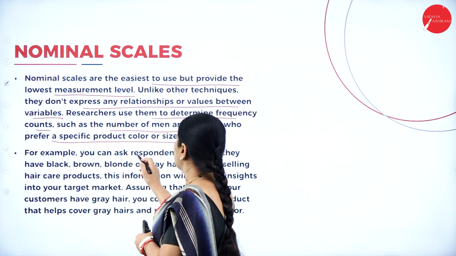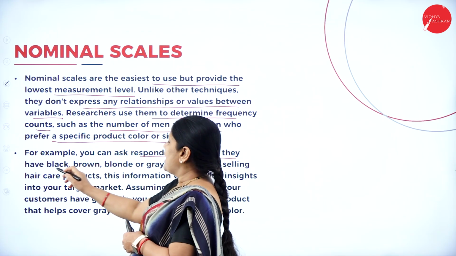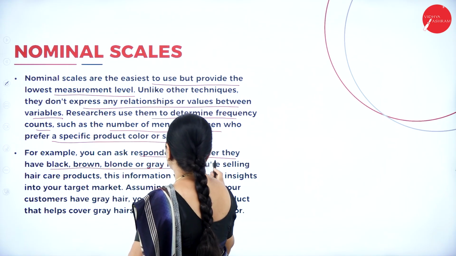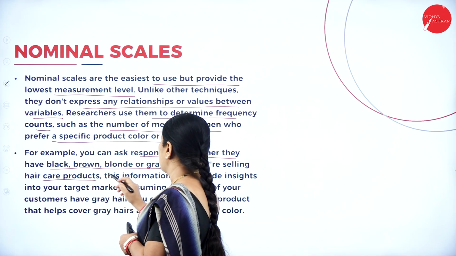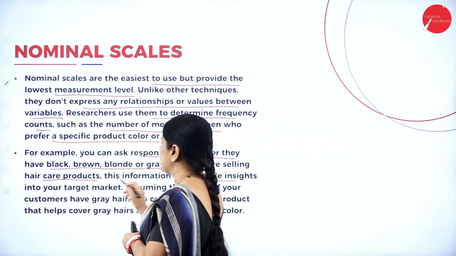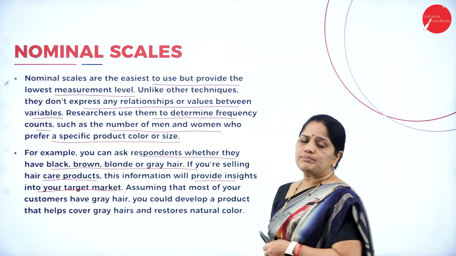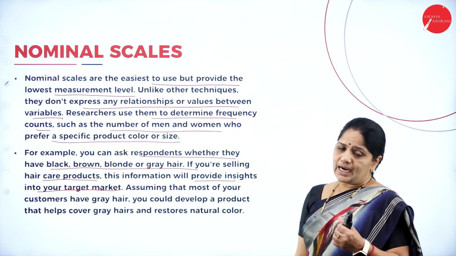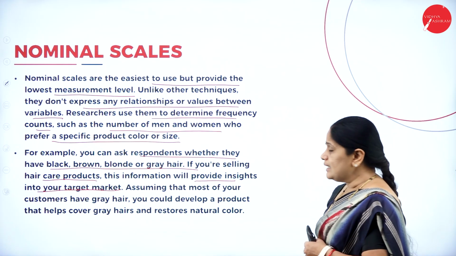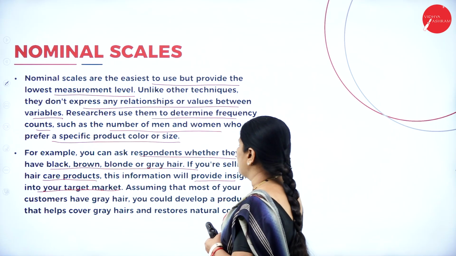For example, you can ask respondents whether they have black, brown, blonde, or grey hair. If you are selling hair care products, this information will provide insight into your target market. So, if you ask the customer what is the color of the hair, that information will help for the hair care products.